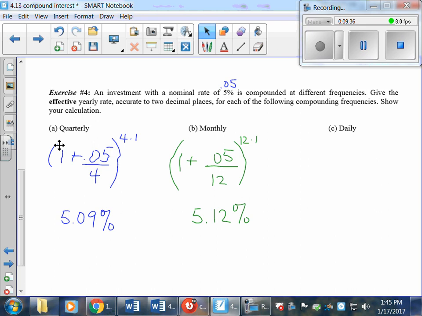And then we have daily, which almost never happens, which means we would have 1 plus 0.05 divided by 365 days, assuming we're not on a leap year, raised to 365 times 1, which is 5.13.